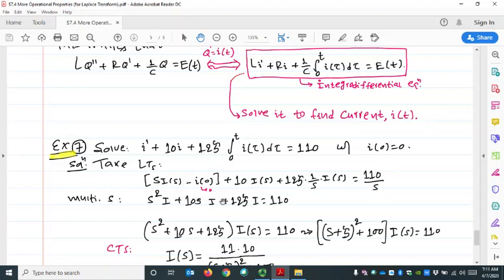Multiply by s, put in the initial conditions, and simplify. This gives us this expression.